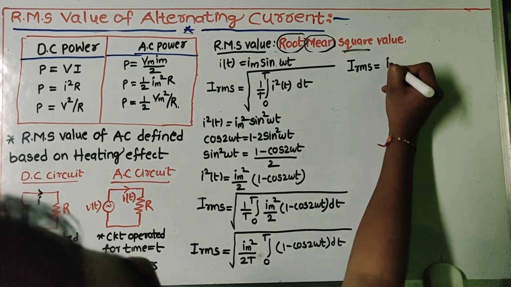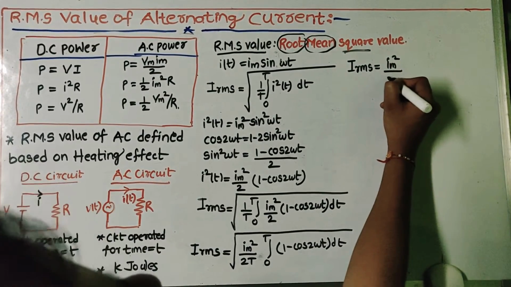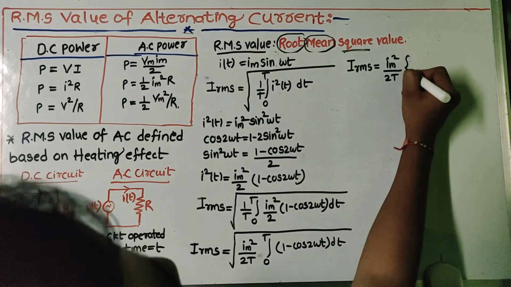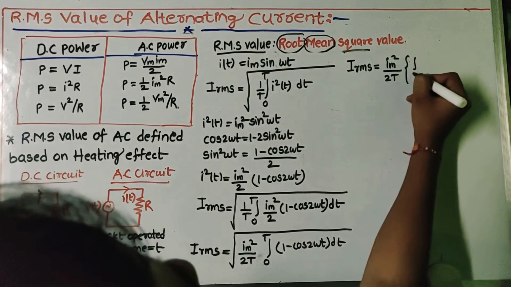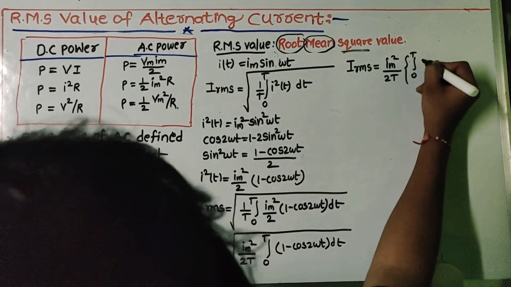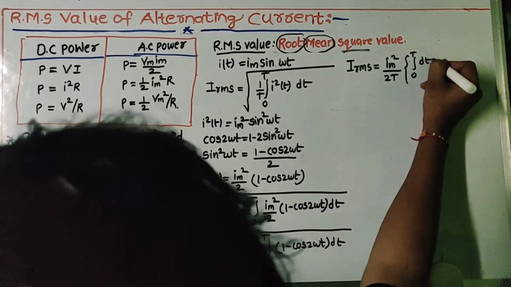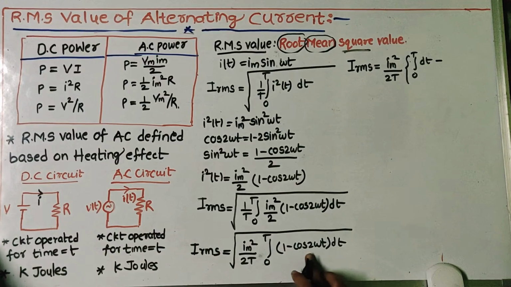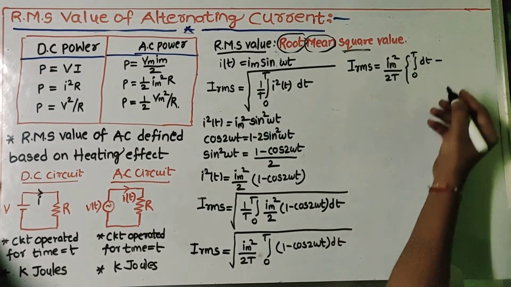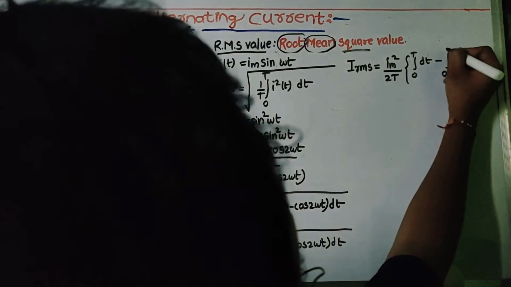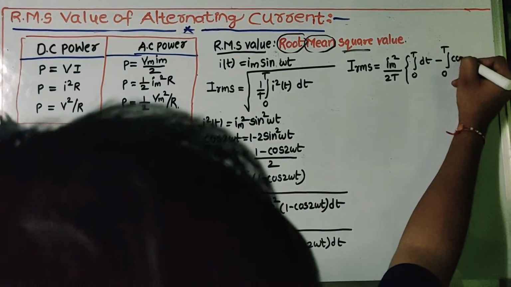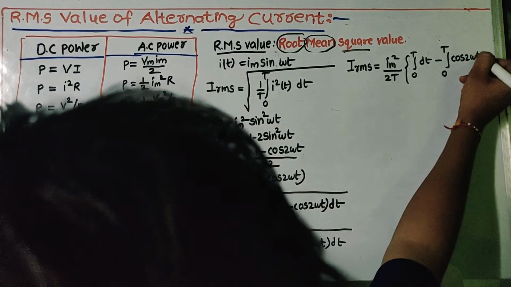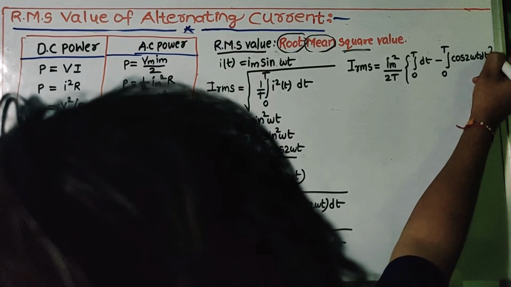So Im square by 2T integral 0 to T, 1 into dt is dt, minus integral 0 to T cos 2 omega t into dt.